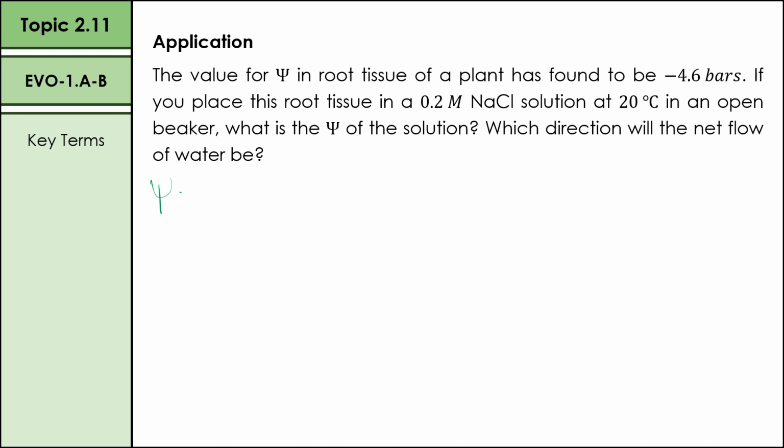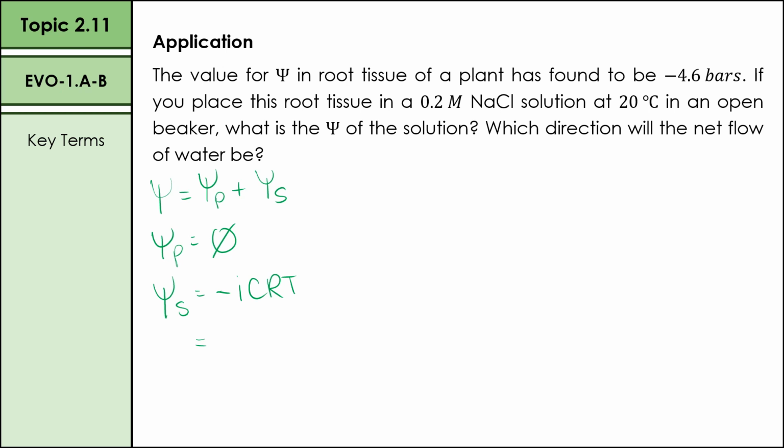Okay, so this question starts very similarly to the previous question where we are just going to be solving for the water potential of our cell, which involves us finding the pressure potential and the solute potential. We still have an open container, which means that our pressure potential is going to be 0. And so therefore, all we have to find in this case is our solute potential, equal again to negative iCRT.